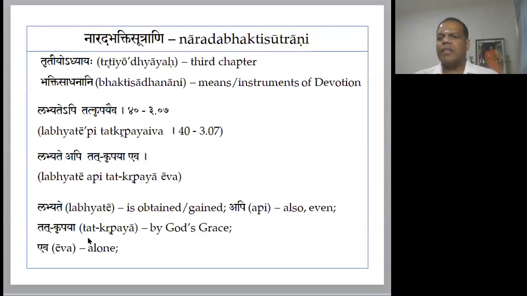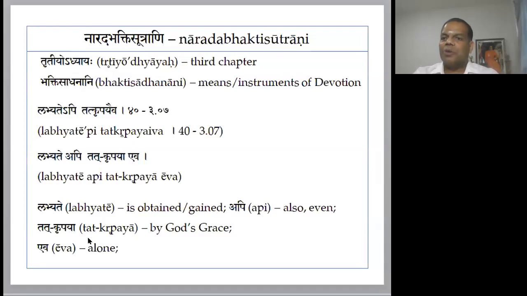Even with that, a little can be attained by a little bit of grace of God also. Bhagavad Kripa Lesha. Then the third sutra which we looked at last week was Durlabha, Agamya, Amogha. Mahat Sangastu. The company of the great ones is durlabha, very difficult to attain, and unreachable also. Agamya means one which cannot be reached.